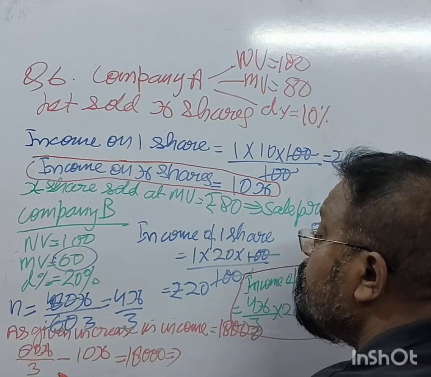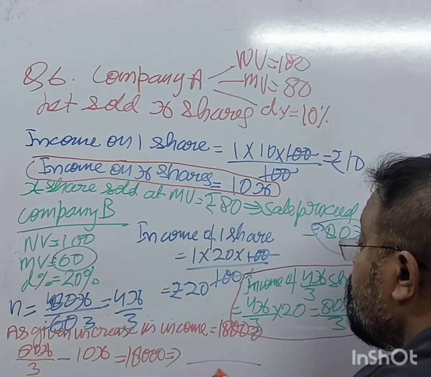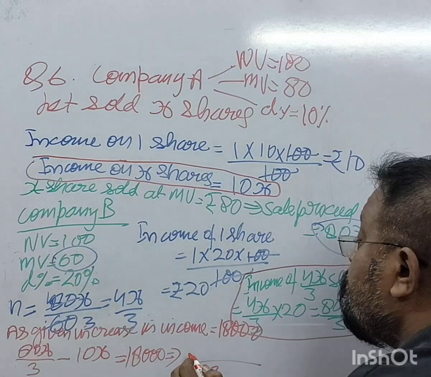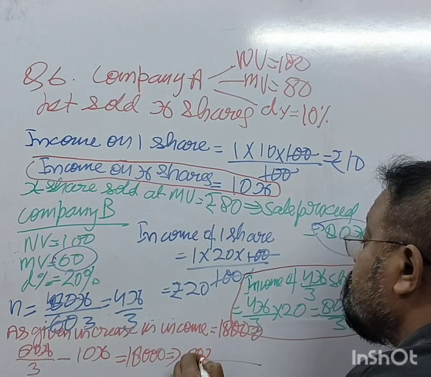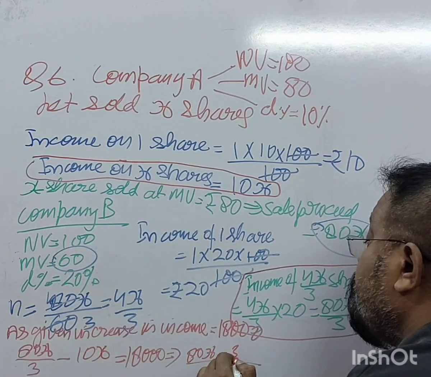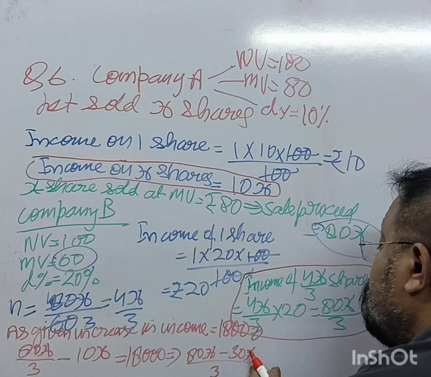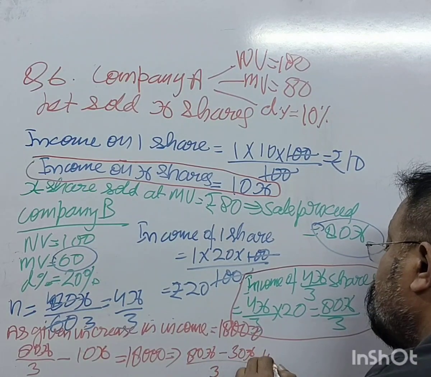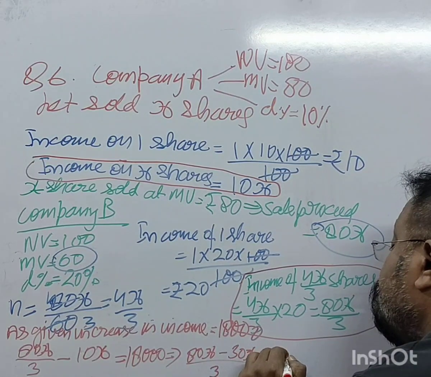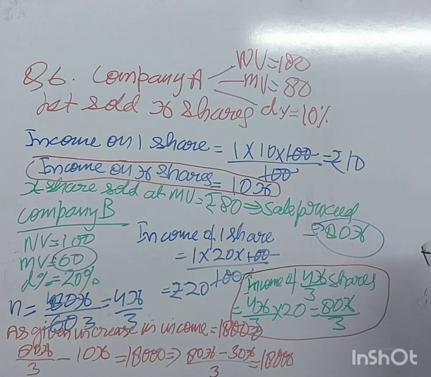So what you have done, you have taken 3 as an LCM and you get 80x minus 30x is equal to 18,000. So now you get 50x is equal to 54,000. Right? This is cancel out.